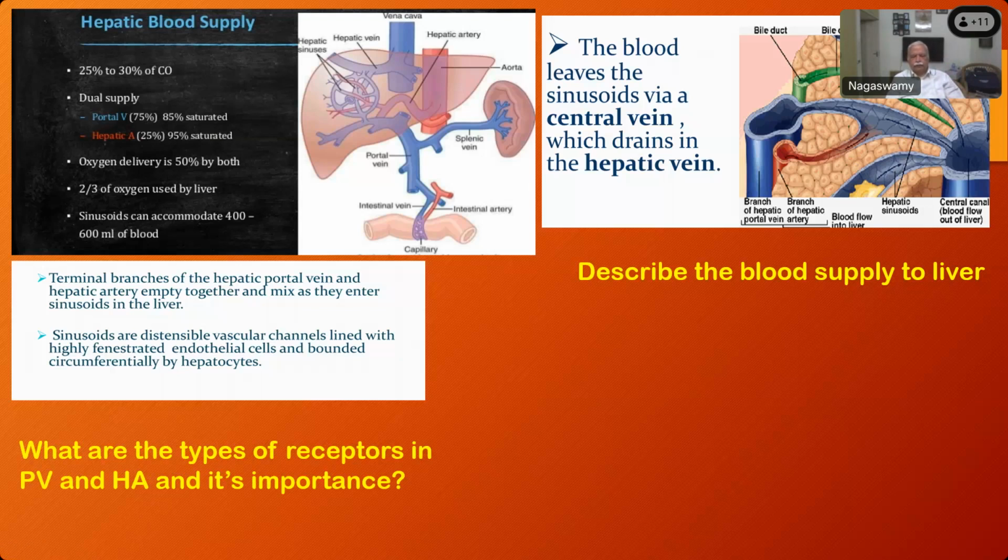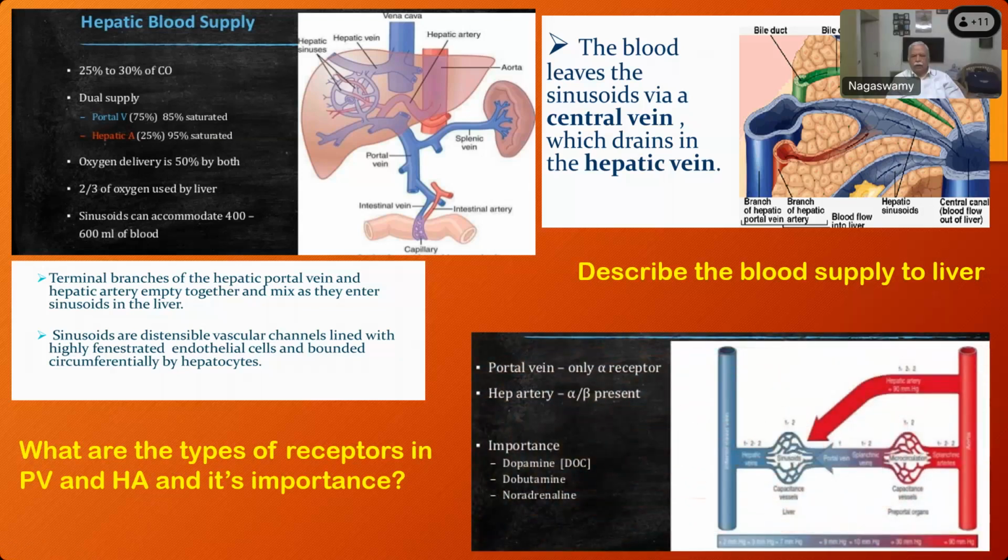Sir, the portal vein has dopamine receptors, sir. The hepatic artery has alpha and beta receptors, sir. Okay. The portal vein has only alpha receptors, whereas the hepatic artery has both alpha and beta receptors. So that's not a dopamine receptor, but it is purely alpha receptor oriented.